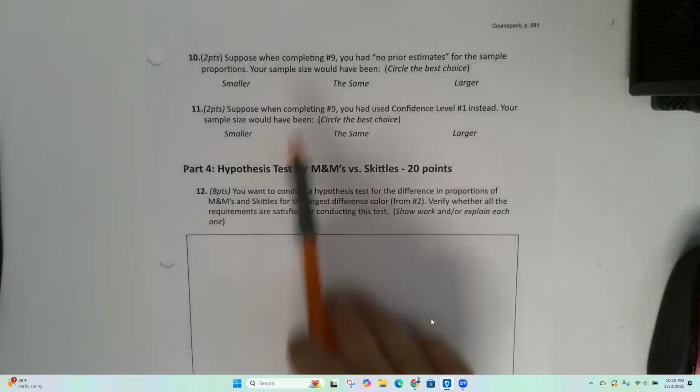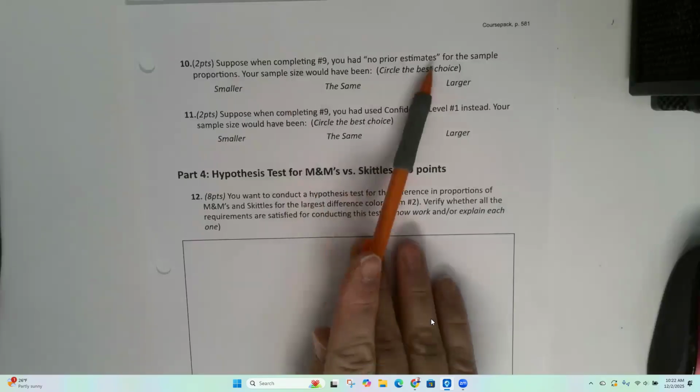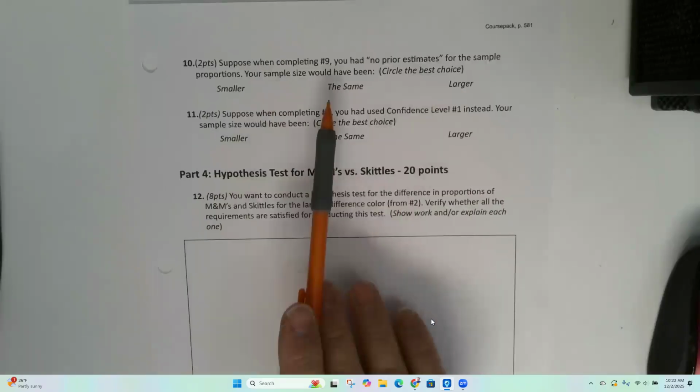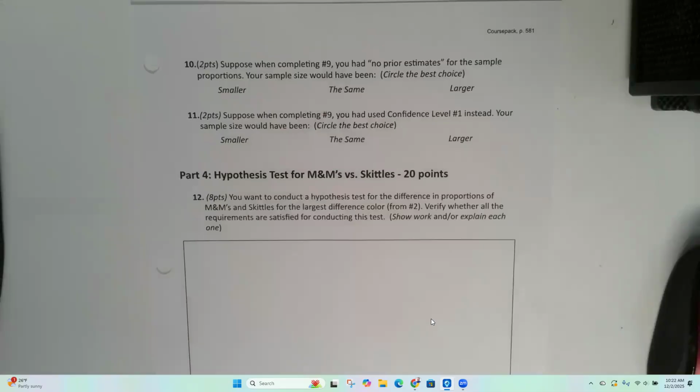Suppose when completing number 9, you had no prior estimates of the sample proportions. Would your sample size have been smaller, larger, or the same? What do you think, Elaine?